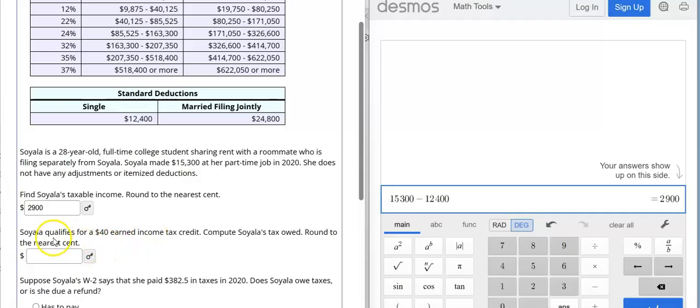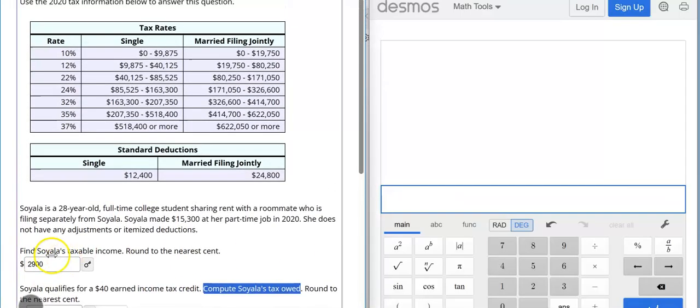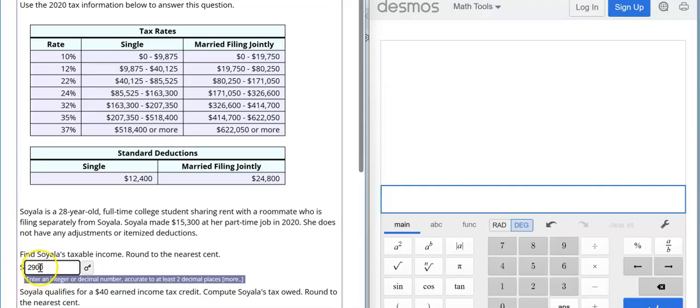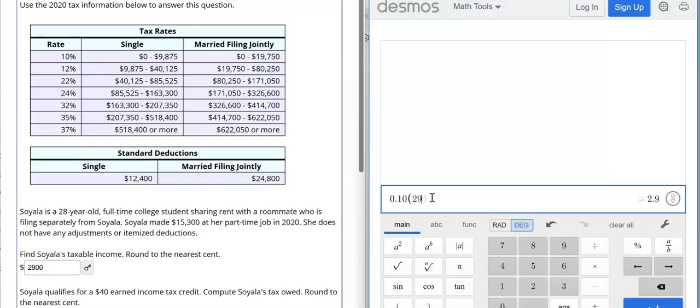Next question: Solaya qualifies for an earned income tax credit. Notice that she will get a $40 credit from the IRS. Compute Solaya's tax owed. Now her taxable income is $2,900, but remember that her income belongs in the 10% tax bracket. So she's paying 10% of $2,900. 10% is 0.10 as a decimal, times 2,900.